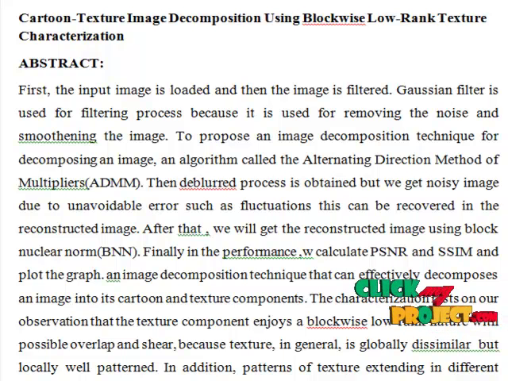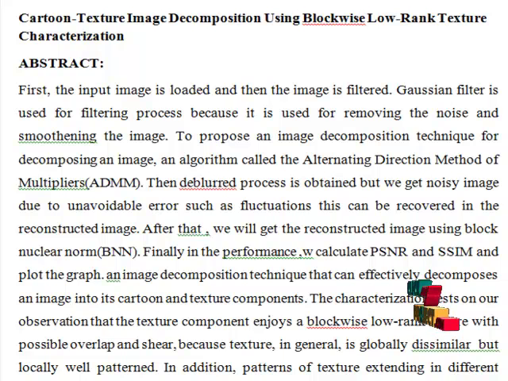In the performance, we show the graph for the improvement of PSNR, which means peak signal to noise ratio, and SSIM. Then they are used for image restoration, biomedical engineering, astronomical imaging and remote sensing.